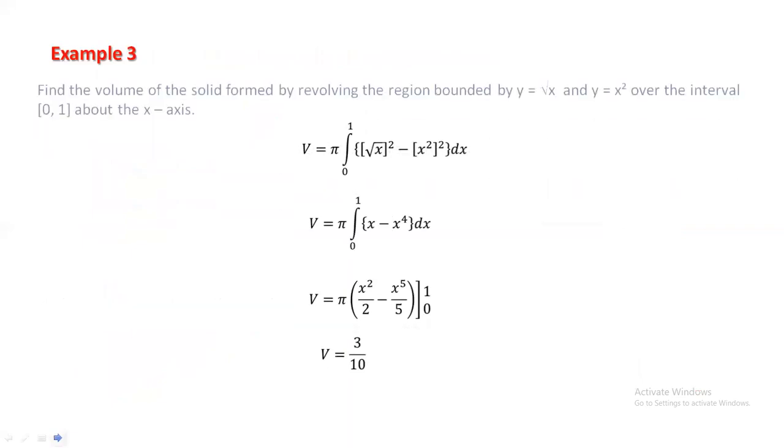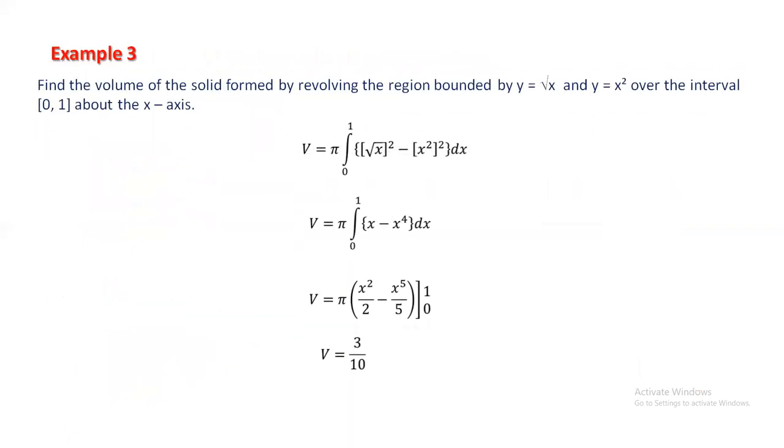Okay, we go to example number 3. Find the volume of the solid formed by revolving the region bounded by y equal to square root of x and y equal to x squared over the interval 0 to 1 about the x-axis.